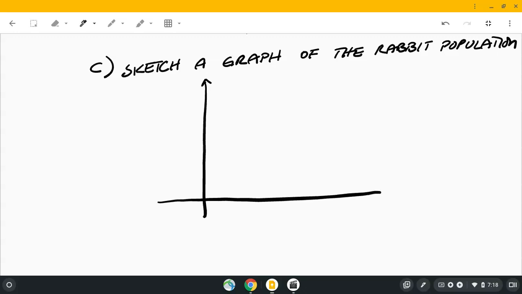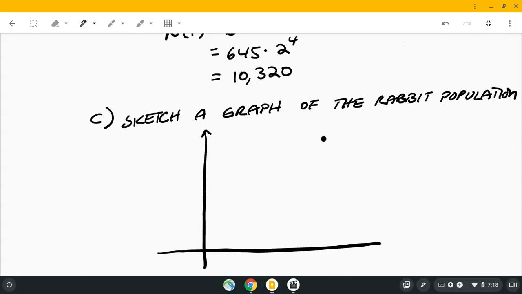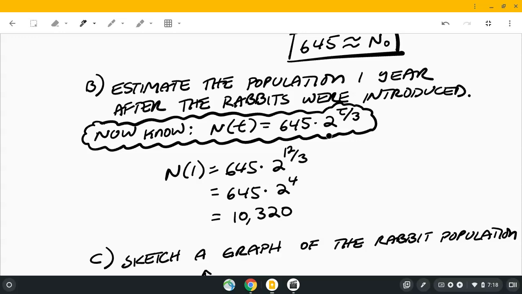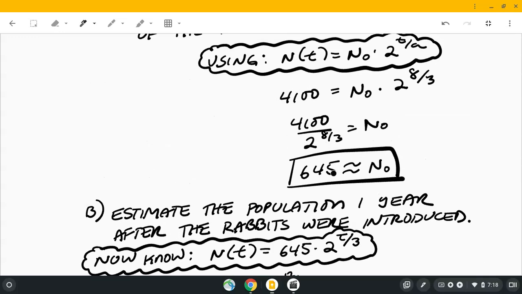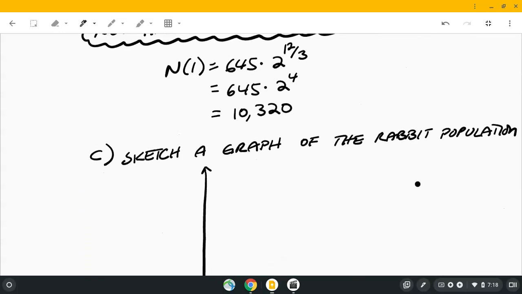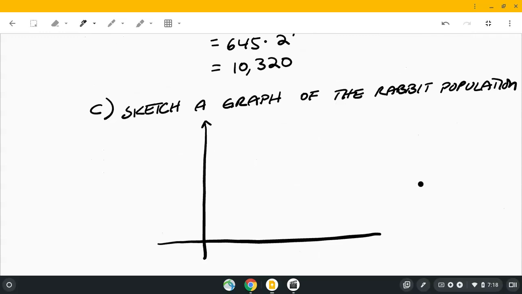I know the initial amount was 645. So here's my table.